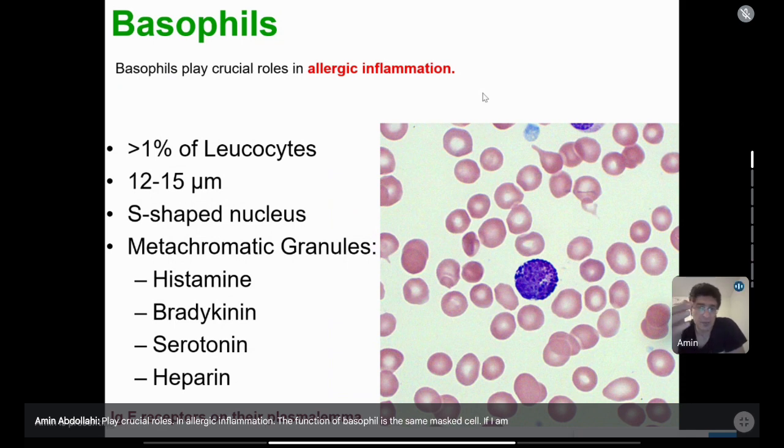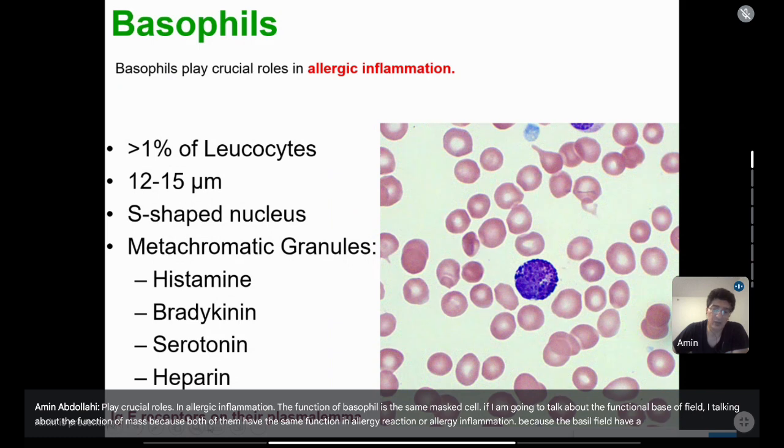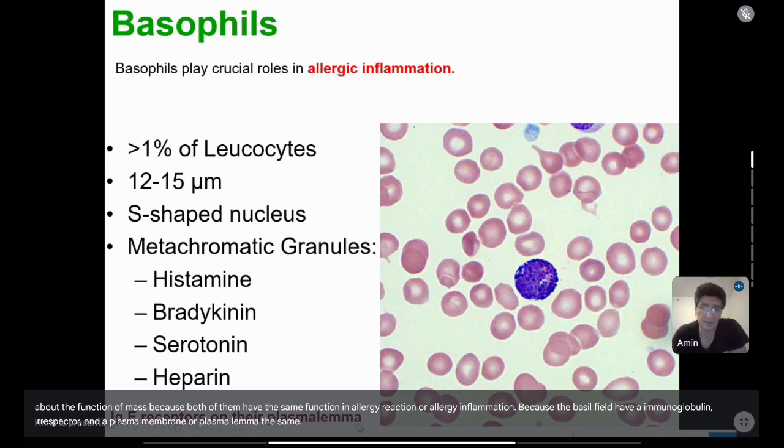If I am going to talk about the function of basophil, I'm talking about the function of mast cell, because both of them have the same function in allergic reaction or allergic inflammation. Because basophil has an immunoglobulin E receptor on the plasma membrane, the same as mast cell. For allergic reaction, the function is the same as mast cell.